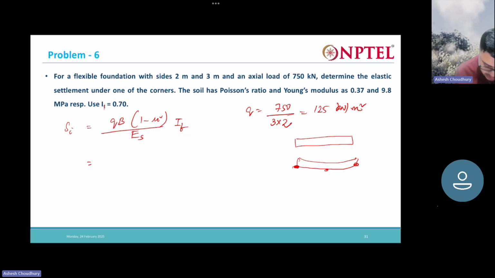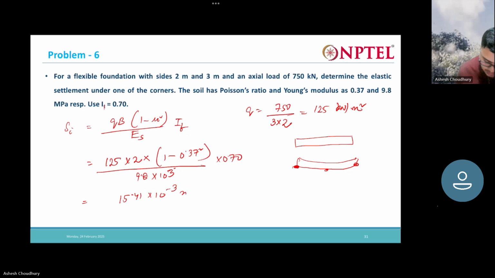So it is nothing but 125 times 2 times (1 minus 0.37 square) divided by 9.8 into 10 to the power 3 kPa, times 0.6. We'll get this as 15.4. Is it 15.4?